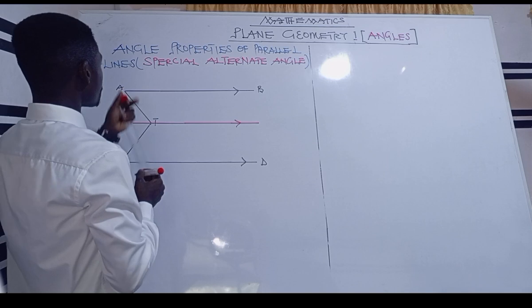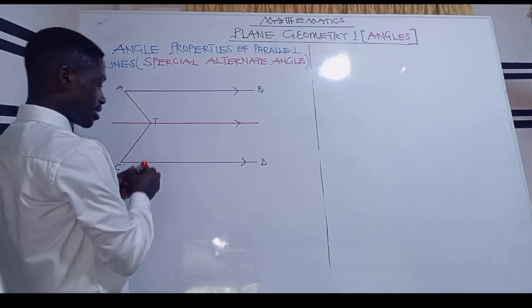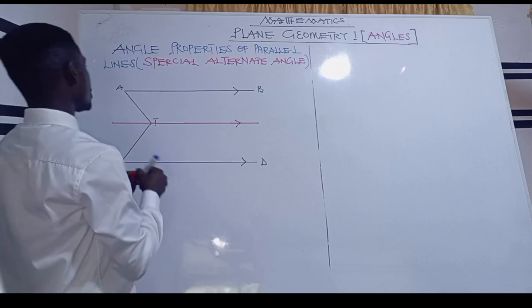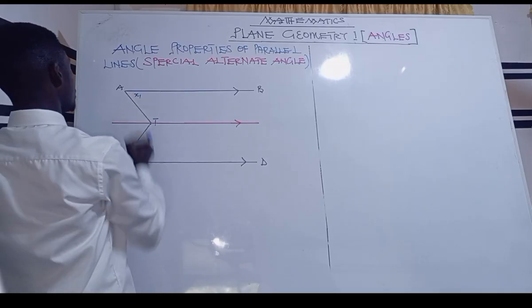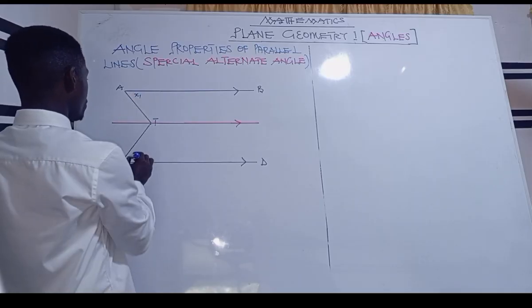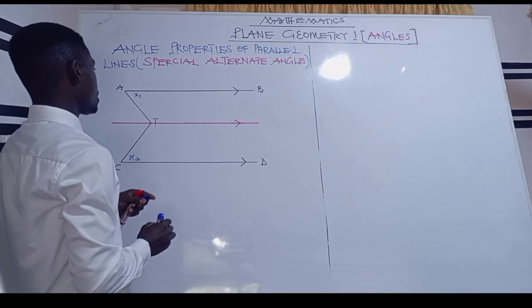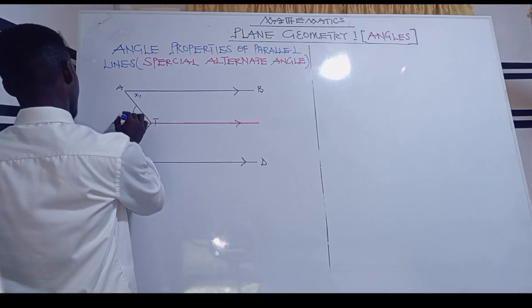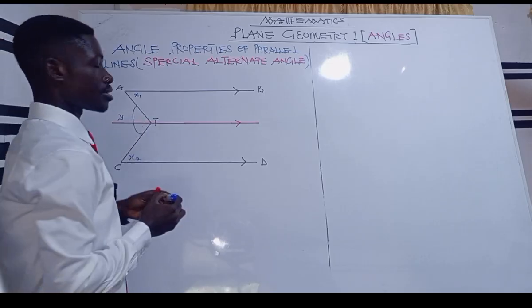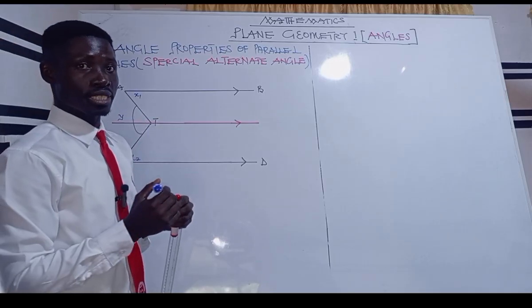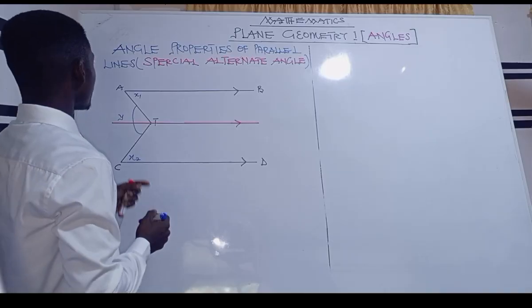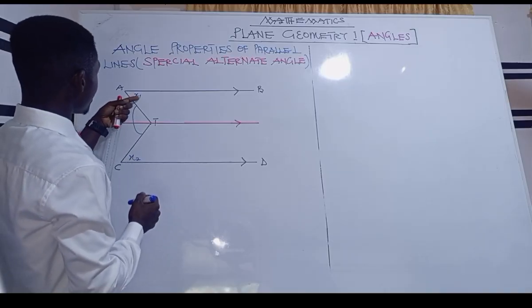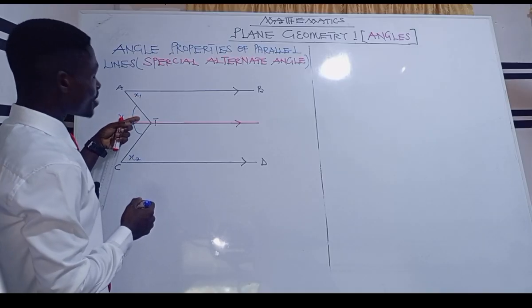Now let's denote this angle to be x1 and this angle to be x2. Now let's call the whole of this angle y. Good. Are you following? So let's continue. Now you can see that angle x alternates with this angle.